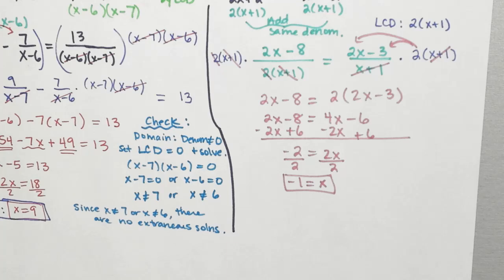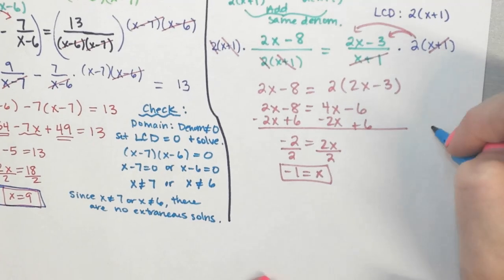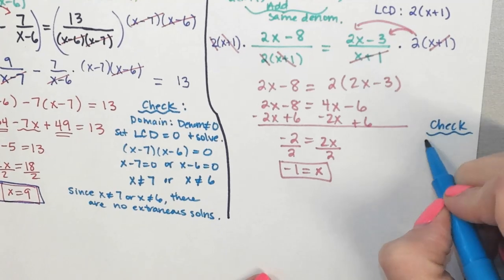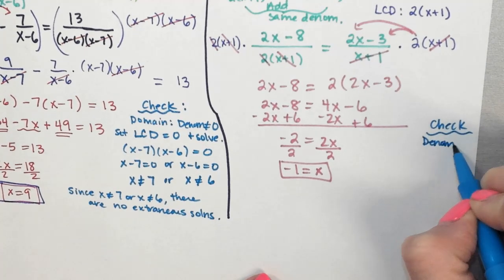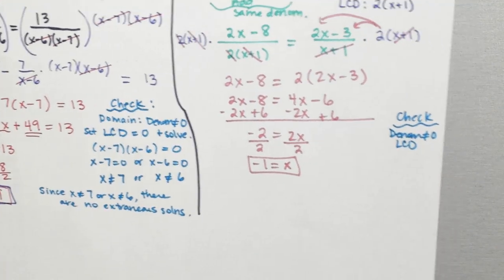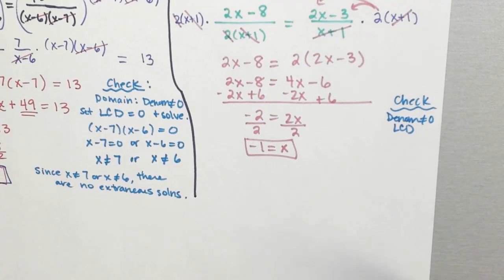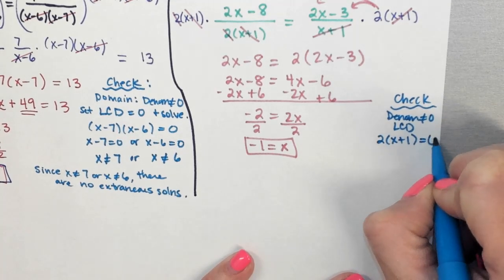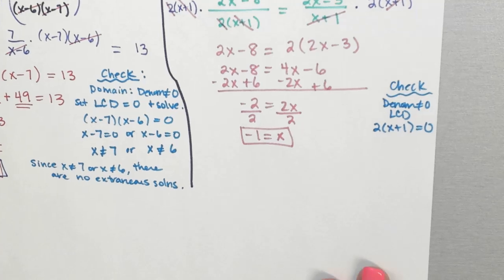So again, your check is just finding out what your domain is. We know that the denominator cannot be equal to 0, which is your LCD. Every single time you do this, you're going to be using that LCD. So we have factored the LCD into 2 times x plus 1.